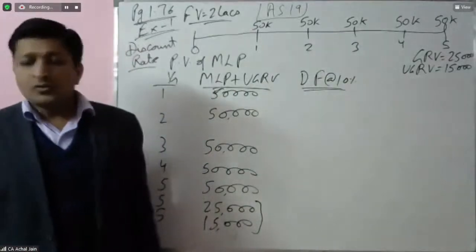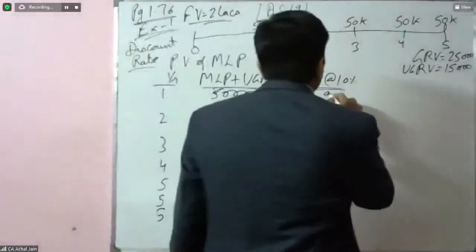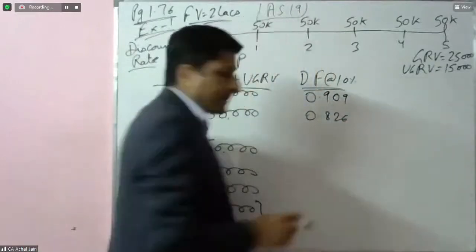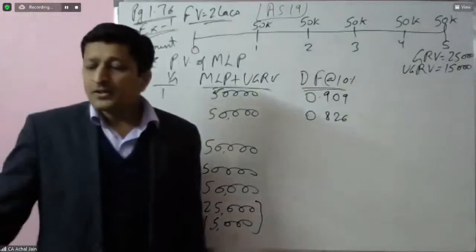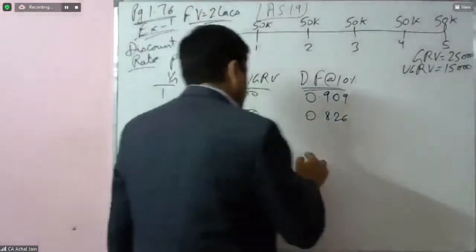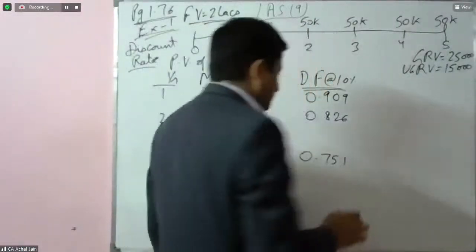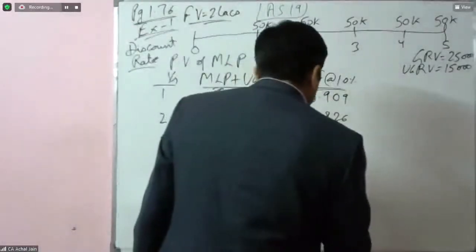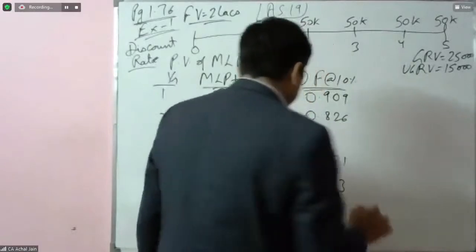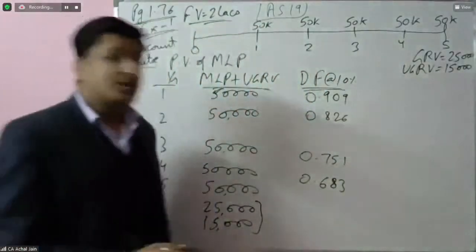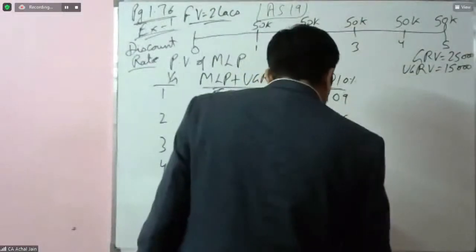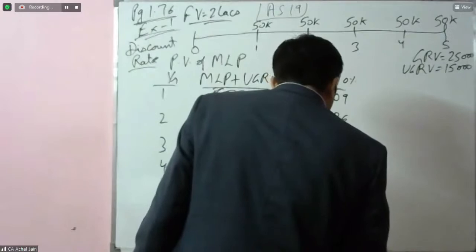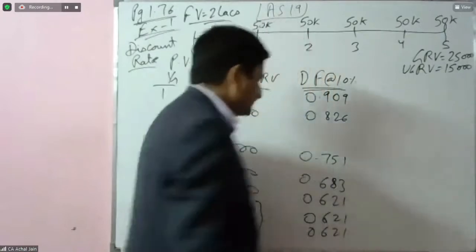So it's 0.909, 0.826, 0.751, then we have 0.683, then we have 0.621.